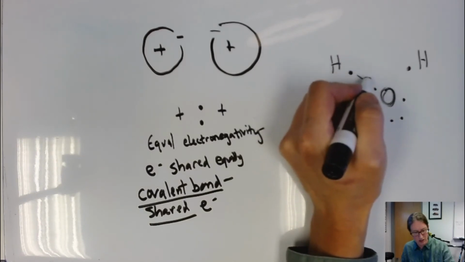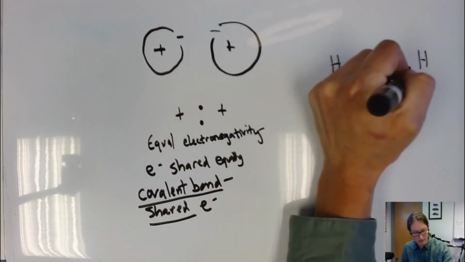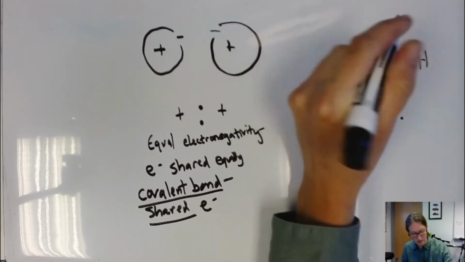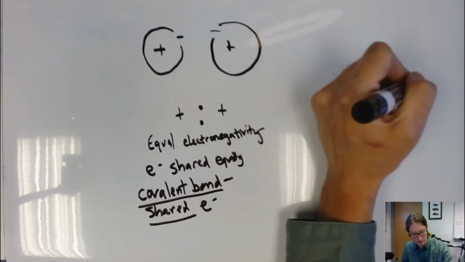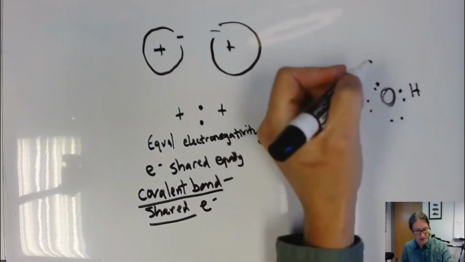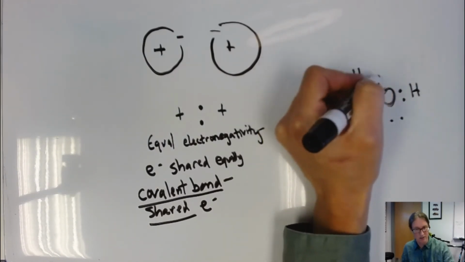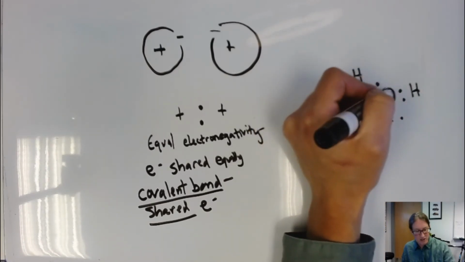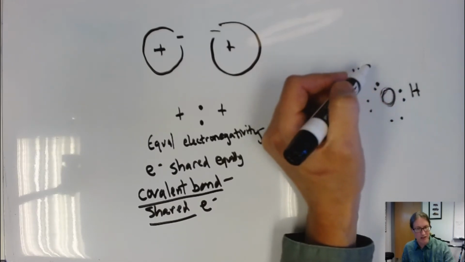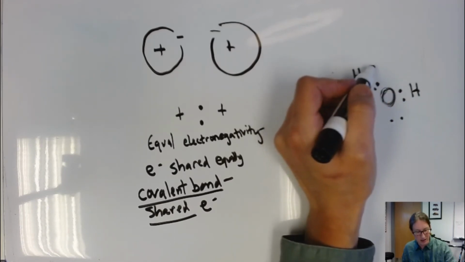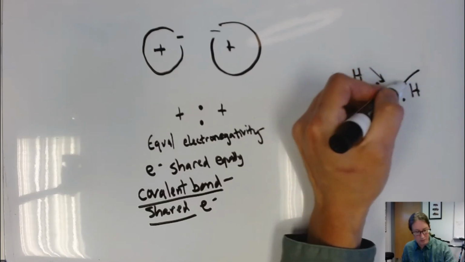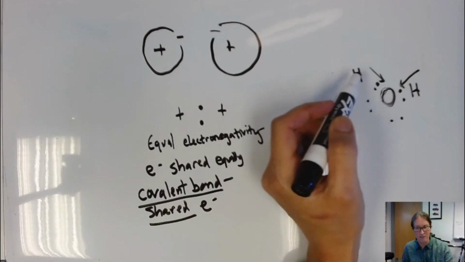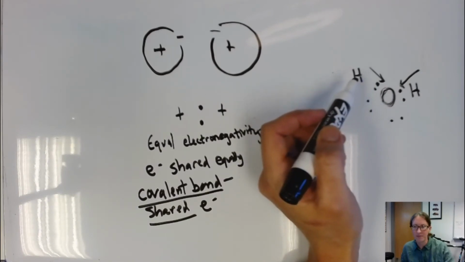So if they share electrons, so if this is shared, then now this hydrogen has 2 electrons in its outermost valence shell, so does this one. But the oxygen atom has a stronger electronegativity than the hydrogen atom does. So it's going to pull the electrons towards the oxygen nucleus and away from the hydrogen nucleus.